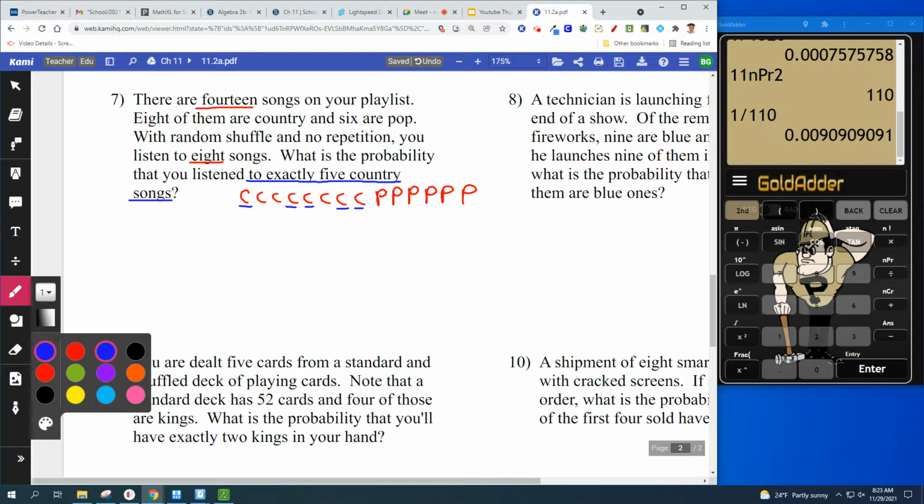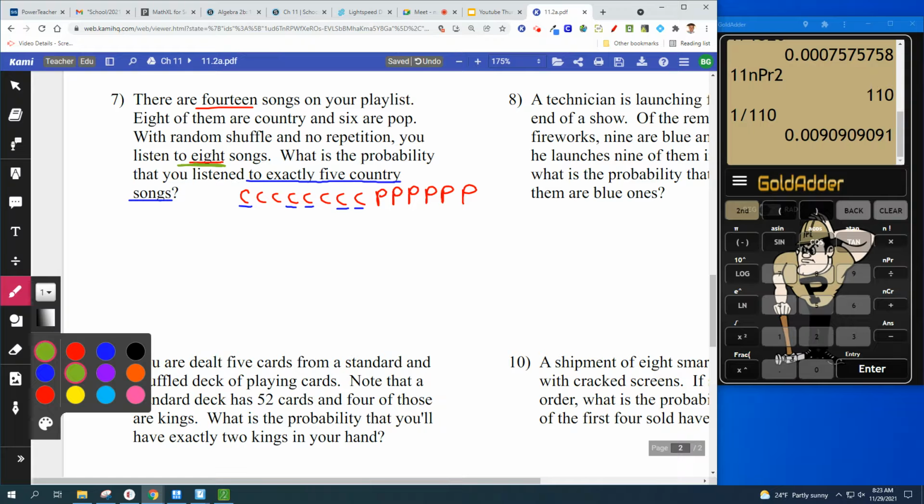So can you feel how we're taking 5 out of the 8 country songs? I'm feeling a group out of a group right here. We're taking 5 out of the 8, okay? But don't forget, we have to listen to 8 songs. So when they say 5 country, there's an implication that we would also have how many pop songs?